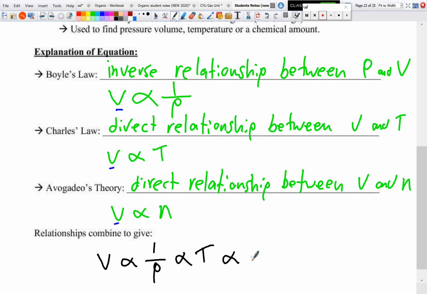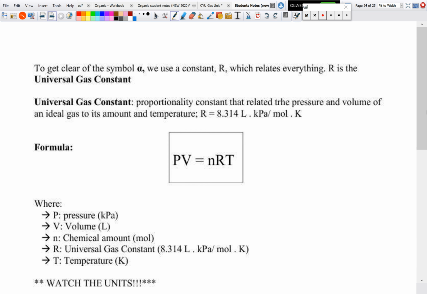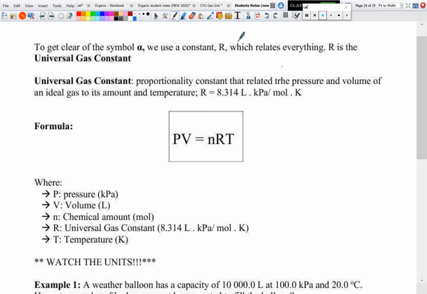It's also proportional to number of moles. So our ideal gas law is going to combine all of these variables right here: volume, pressure, temperature, and number of moles, because the volume of a particular gas is dependent on all these things. So our ideal gas law is PV equals nRT.